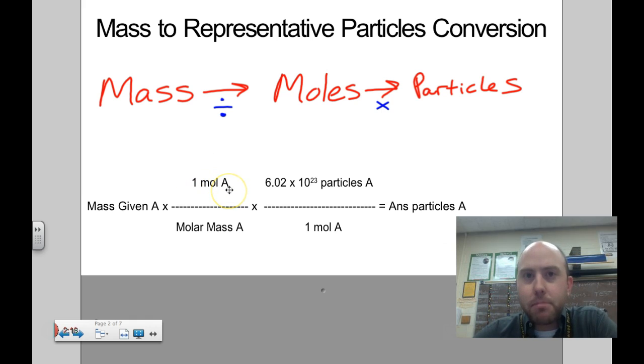The problem is my answer then will be in moles, but I don't want moles. So what I have to do next is convert it again. This time, I'm going to put the mole on the bottom, and I'm going to put the particles on top, Avogadro's number. So again, all you're going to do is I will give you a mass, you will divide it by molar mass, and then you'll times it by 6.02 times 10 to the 23. And that will give you your answer.